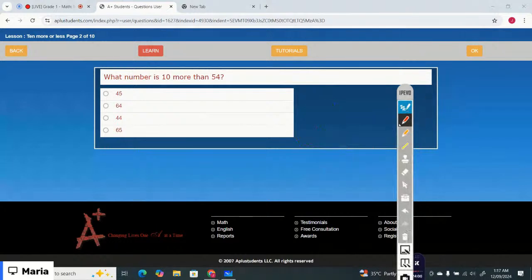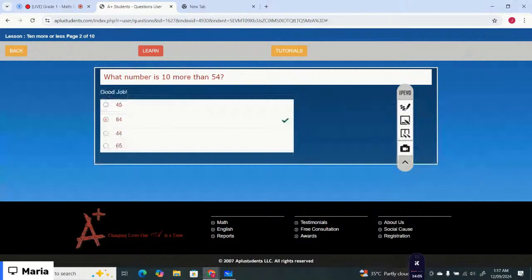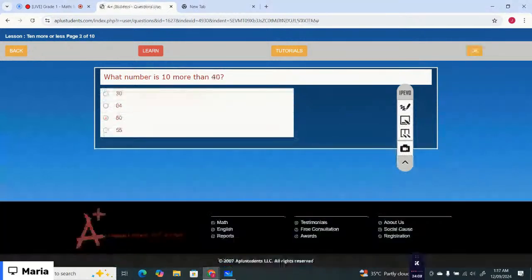Got it? 10 more than 54 is 64. 10 more than 40 is 50. Option number 3 is the correct option. Got it?